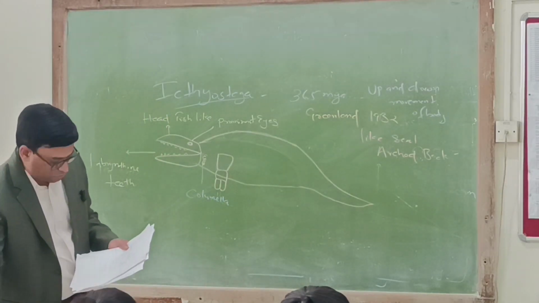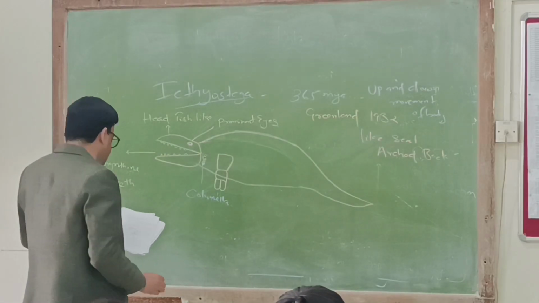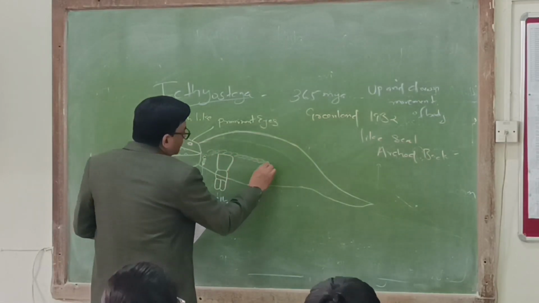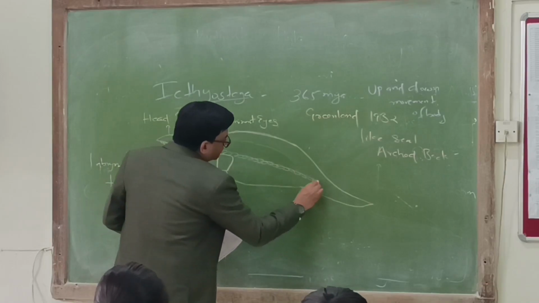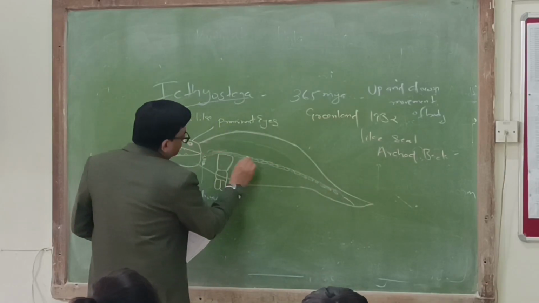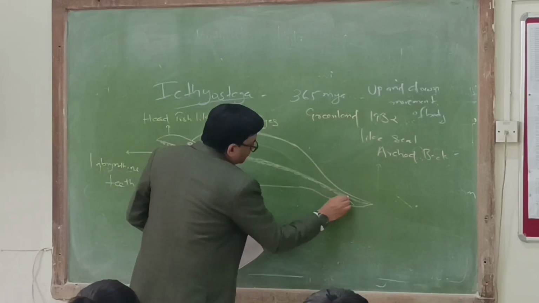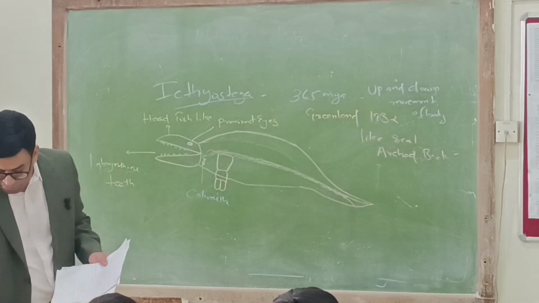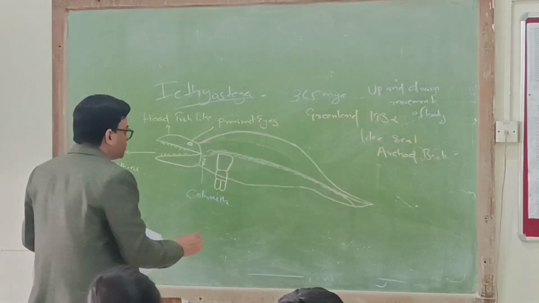Then you will find a notochord, and it is covered with the overlapping broad interlocking rib cage.